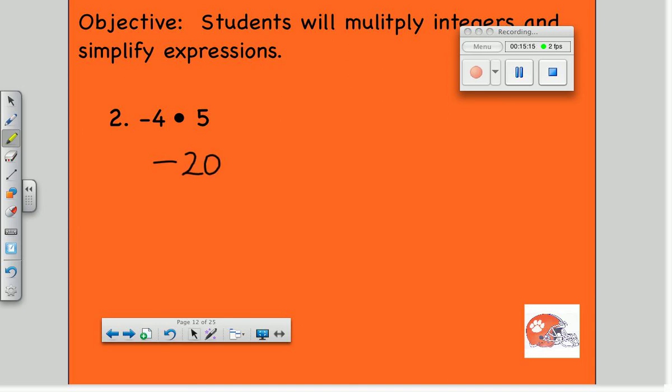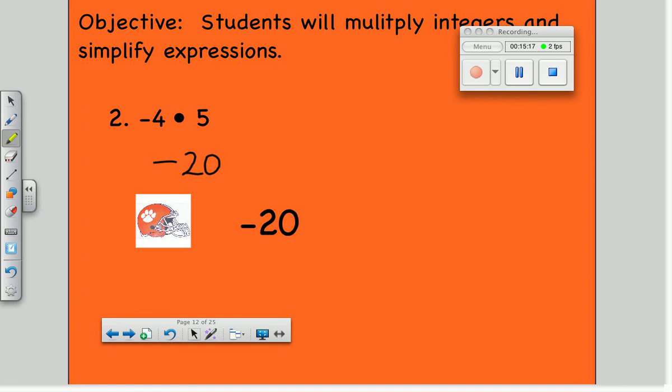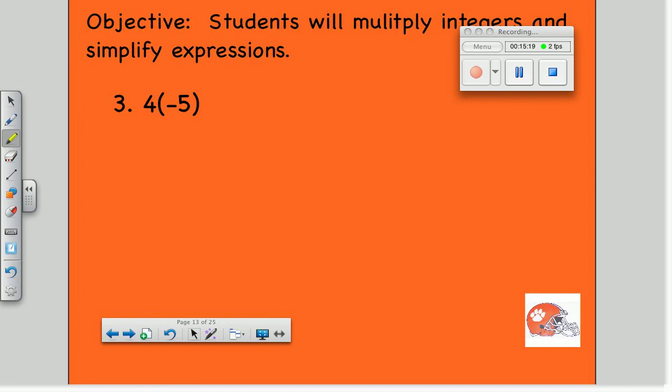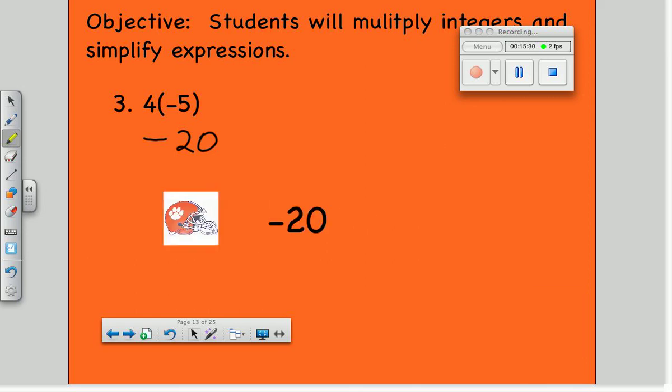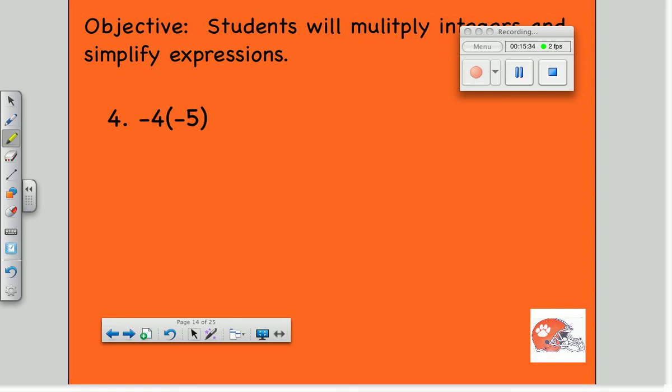Negative 20. Love to hate. That's bad. 4 times 5 is 20. Negative 20. Hate to hate. That's good. That's positive. And 4 times 5 is 20.